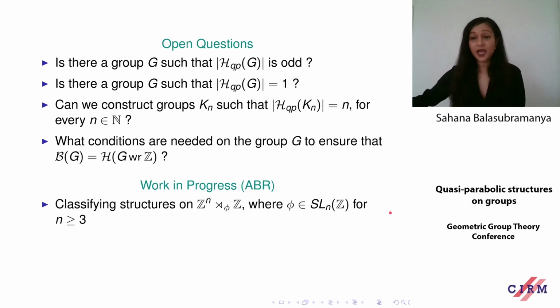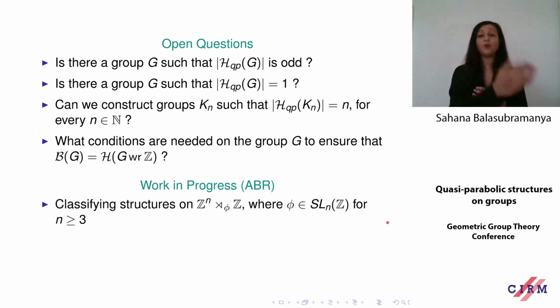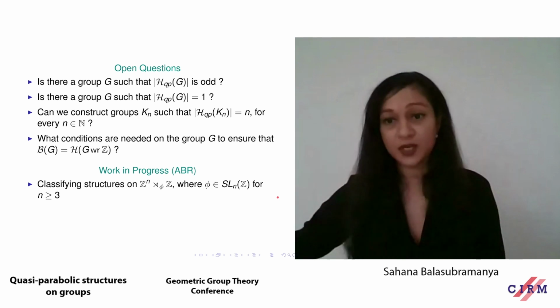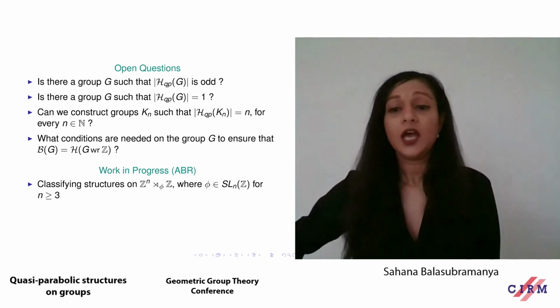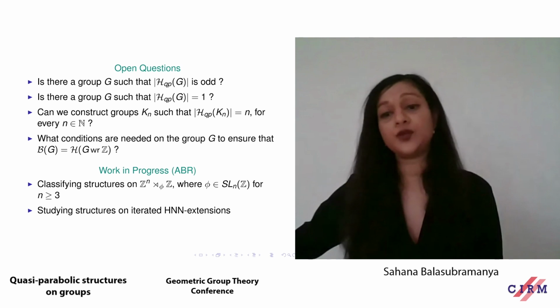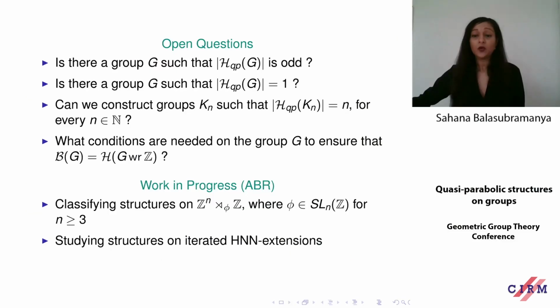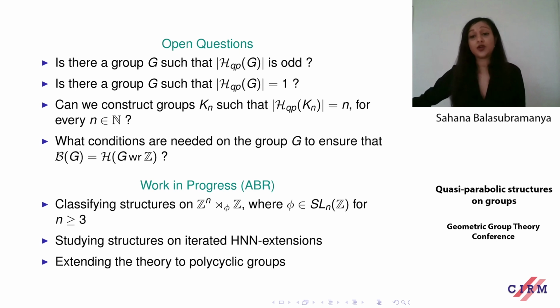And what we suspect is that in this case, as long as you consider the eigenspaces of phi, your quasi-parabolic structures, at least on this group, should somehow be in some one-to-one correspondence with those eigenspaces. And what we'd like to do is also understand structures on iterated HNN extensions, with the ultimate goal being to try and understand the structures of polycyclic groups.